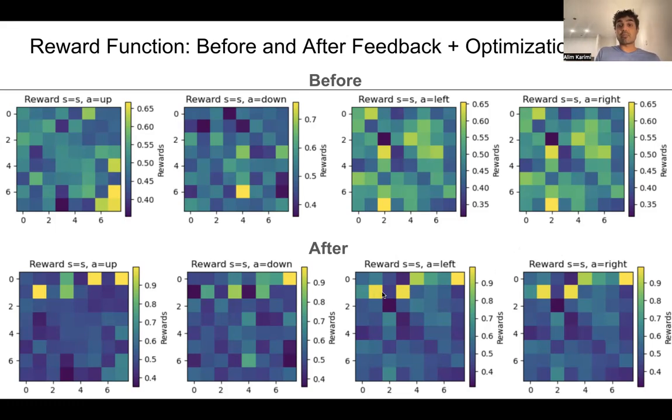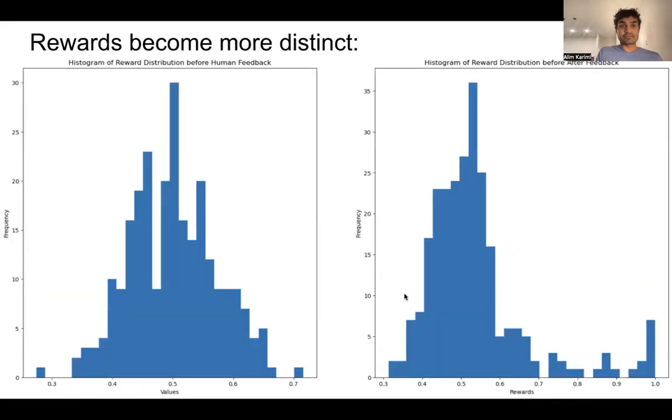Now, we also need to look at what these states actually represent. We'll get into that in just a second. This is a little bit more histogram view of how the rewards become spread out after optimization. And we can see here specifically on the bottom right corner, there's this tail that has some very distinct rewards.